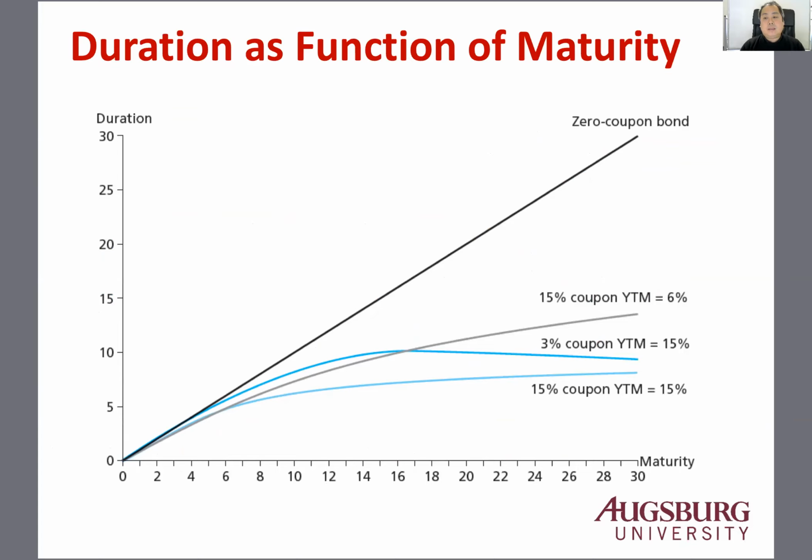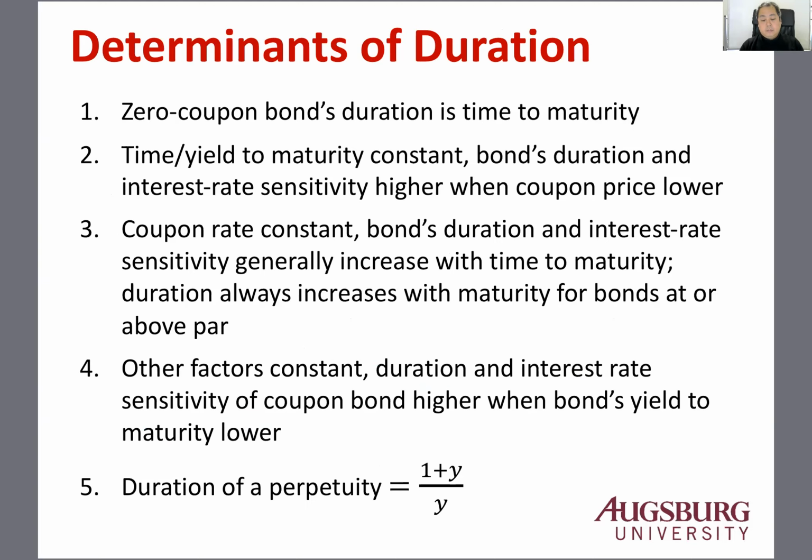And you clearly see that the zero coupon bond duration is the highest. So these are the determinants of the duration. Number one, zero coupon bond duration is time to maturity. The 3 year zero coupon bond duration is 3 years. Time to maturity is constant.